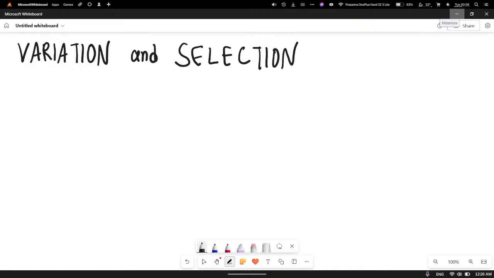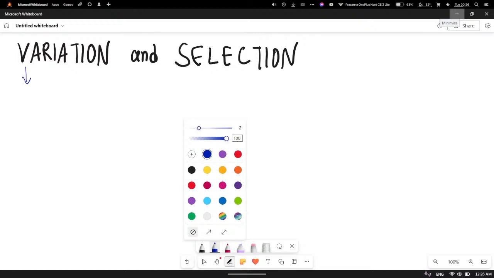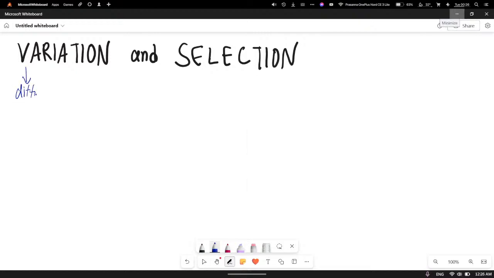Okay, so variation is the difference between individuals of the same species. Now we have two types of variation.